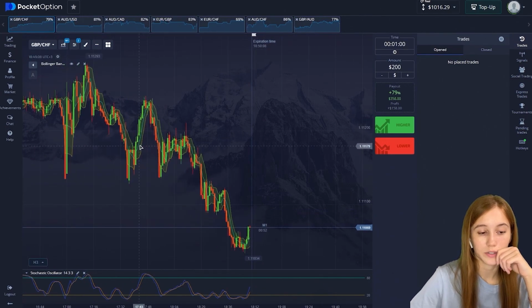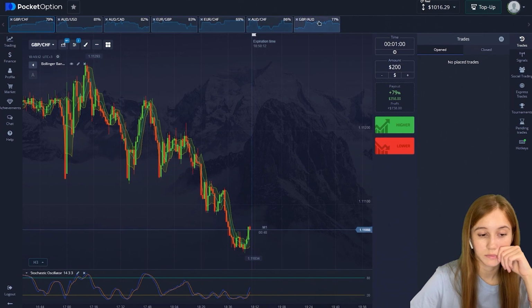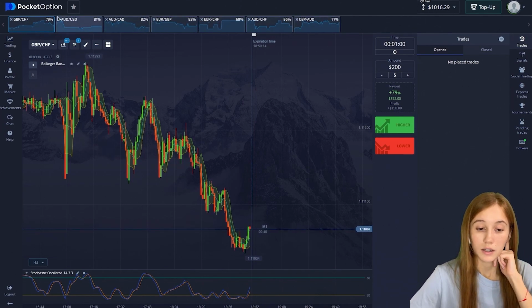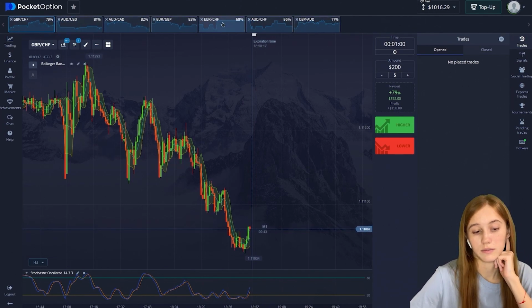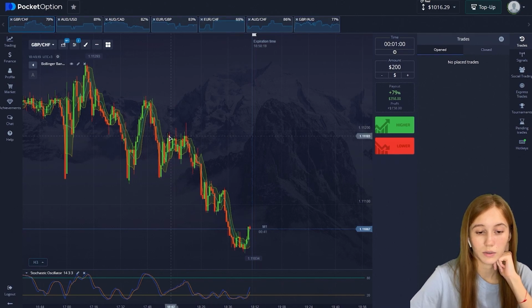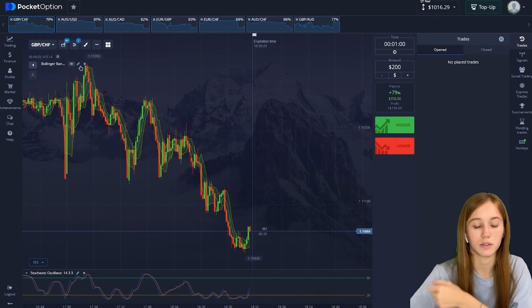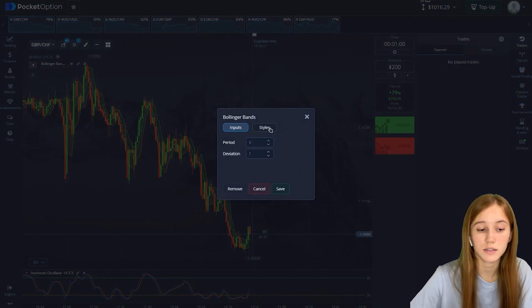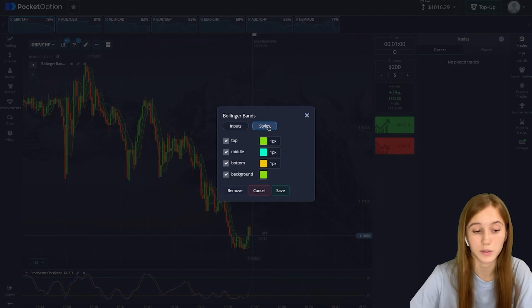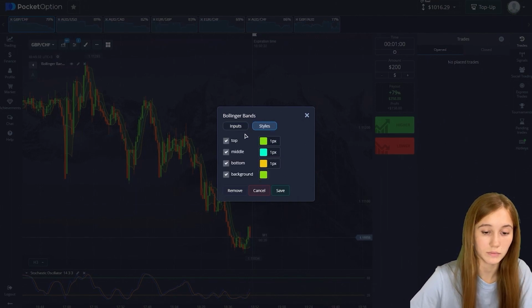This is the time with which the candle is shown on the chart and changed accordingly. The concept price you can see in the upper corner. And we also use technical analysis and 2 indicators, Bollinger Bands.